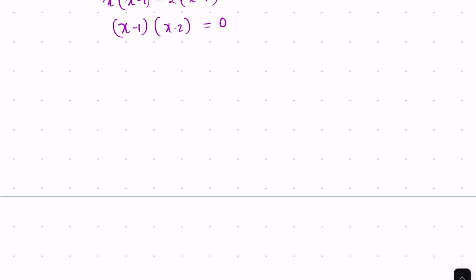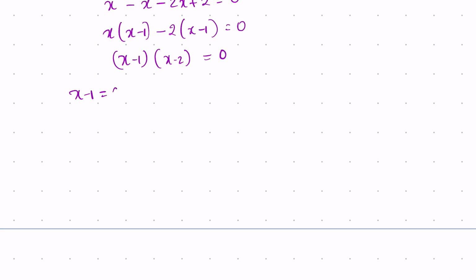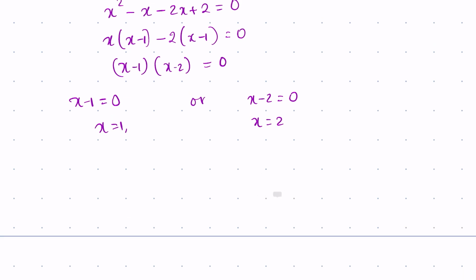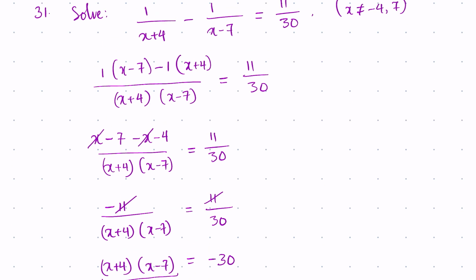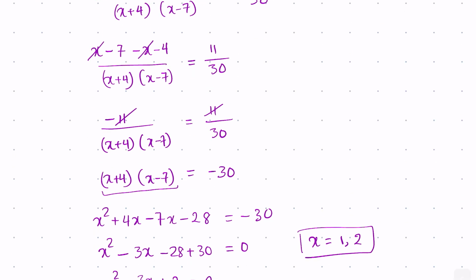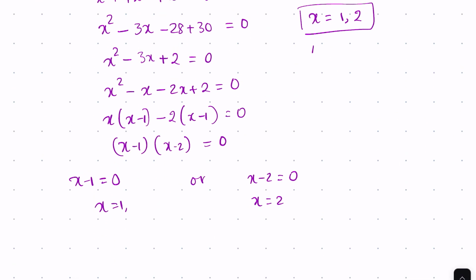So either x minus 1 is equal to 0 or x minus 2 is equal to 0. So we get x equal to 1, x equal to 2. So those are the solutions. X could either be 1 or 2. You could plug them back into this equation and confirm that that's indeed correct. So this is our answer.